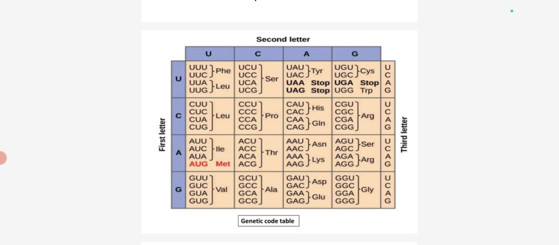This table shows the genetic codes, totally 64 codons. There are three positions.